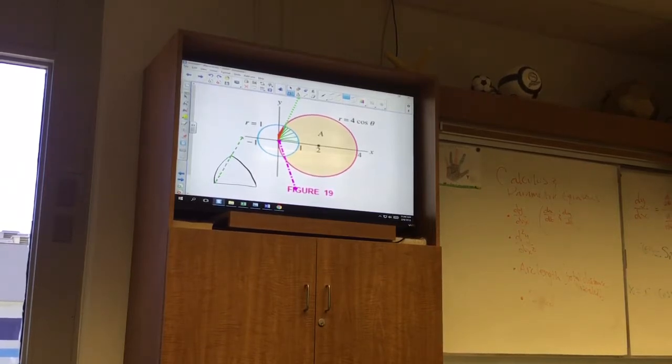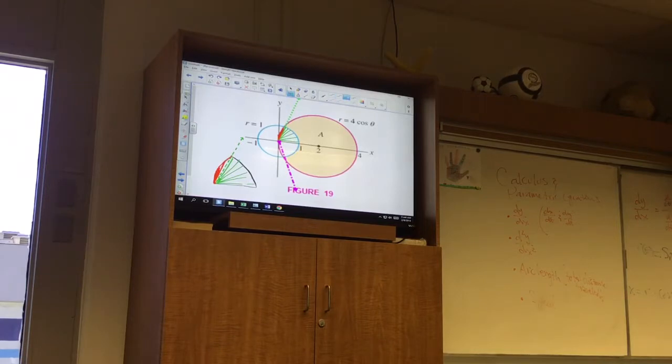And so what I'm saying is you're sweeping out until you get to that green theta value, and then it switches, and then you're sweeping the rest right there. So this one is the one that's like the pinkish color, and that one's bluish color. Right? Do you all see how this is a representation of what we have going on there?